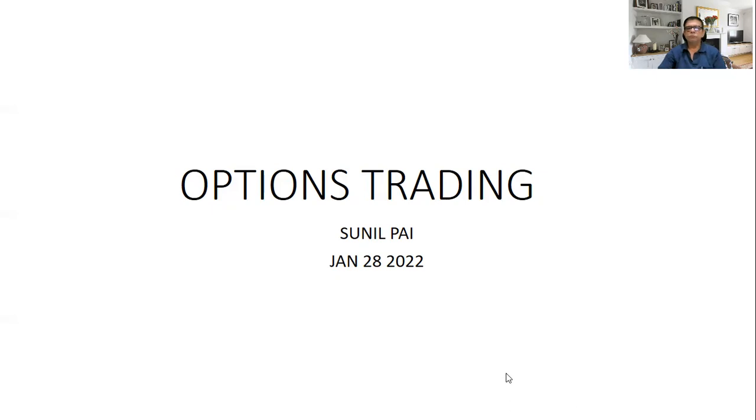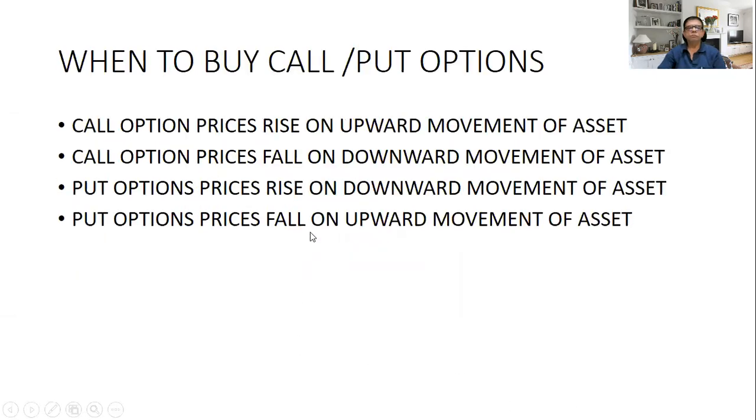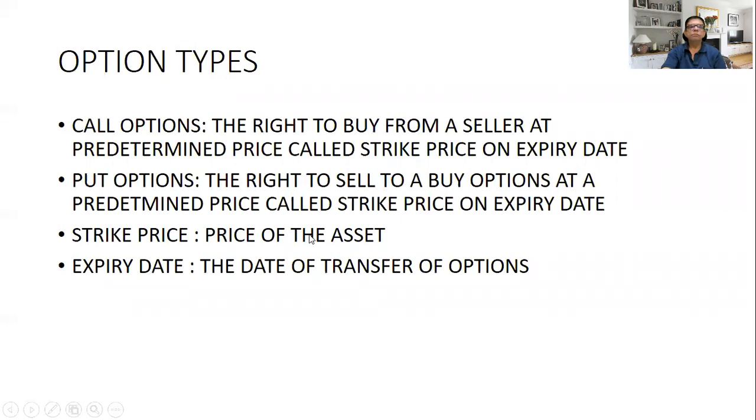Now, there are two types of options. An option is nothing but an obligation to buy from a seller at a predetermined price called strike price on an expiry date.